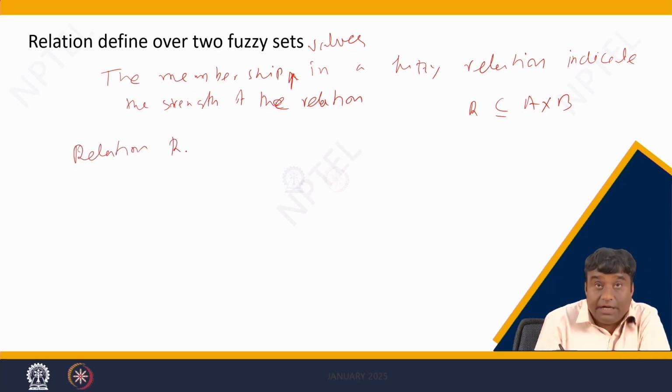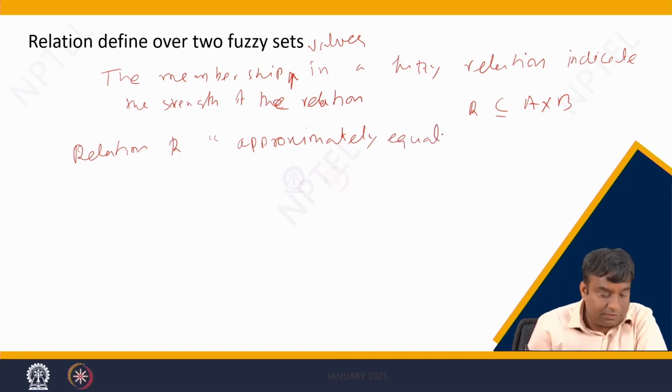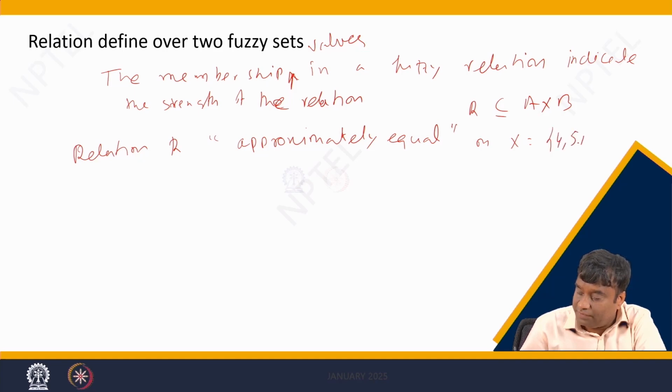Relation is defined as approximately equal on the set X equal to {4, 5, 6}.